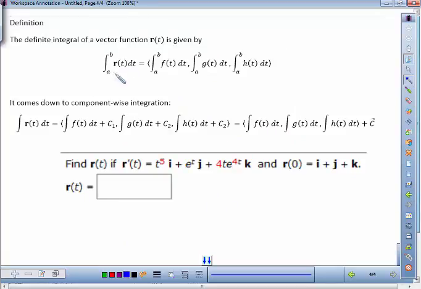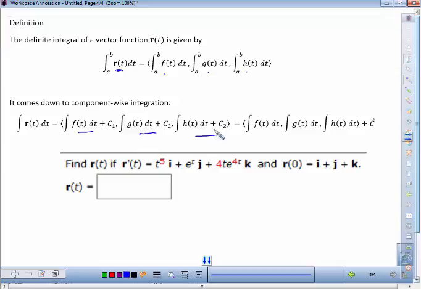Taking a definite integral of a vector function would be the same thing as doing the little pieces of those vectors. So whether you're doing the definite integral or the indefinite integral, you're going to do things piecewise for a vector valued function.